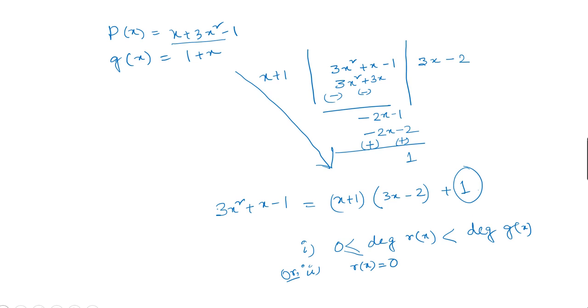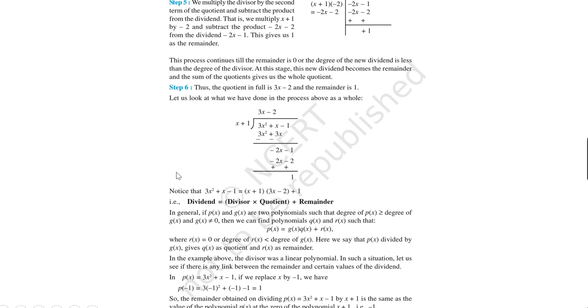Okay, so what are we getting? We are getting this formula, that dividend equals divisor into quotient plus remainder, which is also true in case of numbers. That thing is also true in case of polynomials. The thing to note is that quotient and remainder are all polynomials.